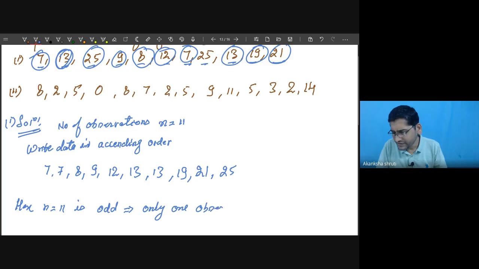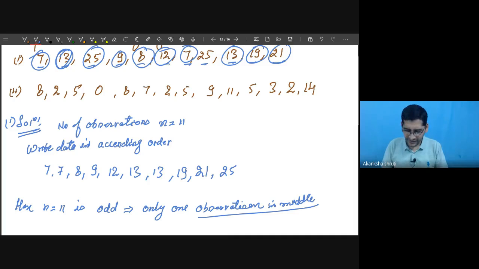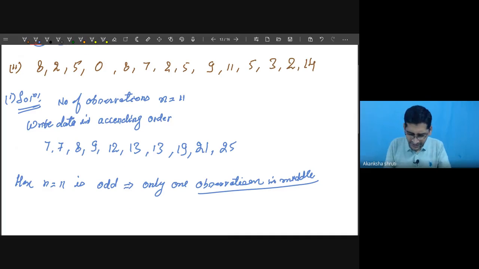One observation in the middle. So the value of that observation. But which observation? So the observation in the middle. So this is our n. Which data is in the middle, and in which position? So for that you just calculate the n by 2 value.